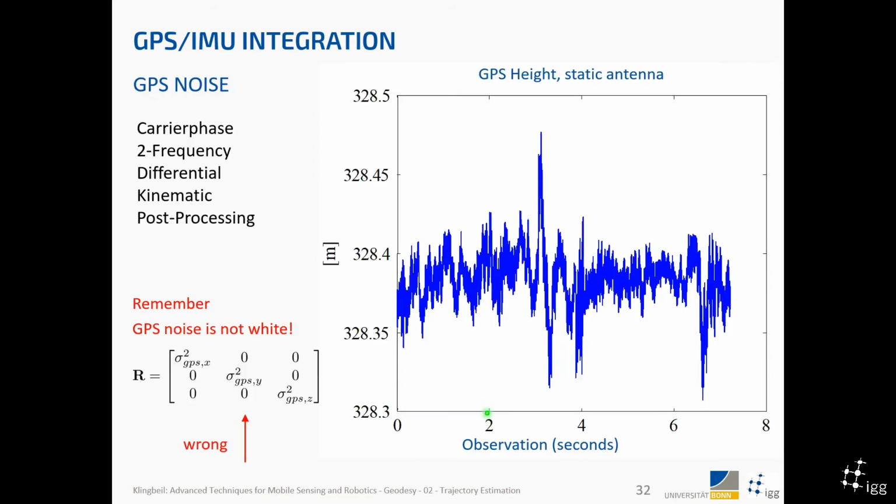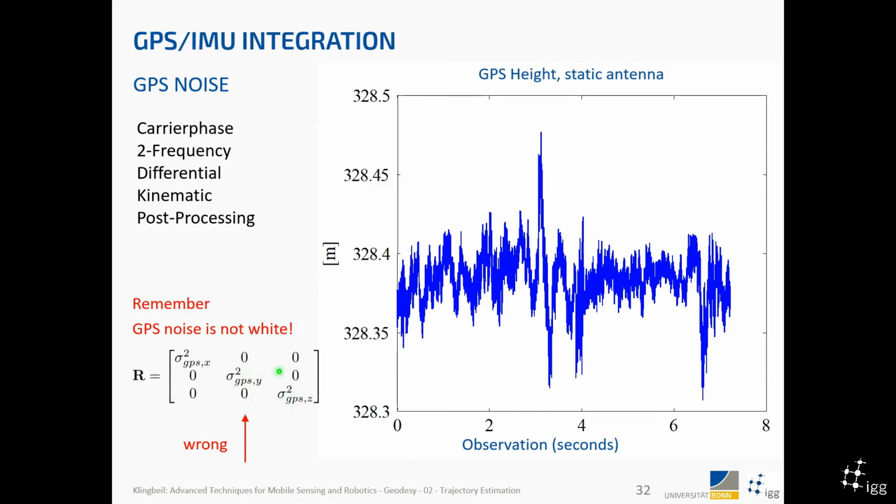I want to remind you as well that this measurement noise of the GPS is a bit critical, because this measurement matrix, and this is what we usually use in the Kalman filter, right? We use a measurement noise matrix R, which looks like this, and we usually put in some assumptions on the uncertainty for X and Y and Z axis.